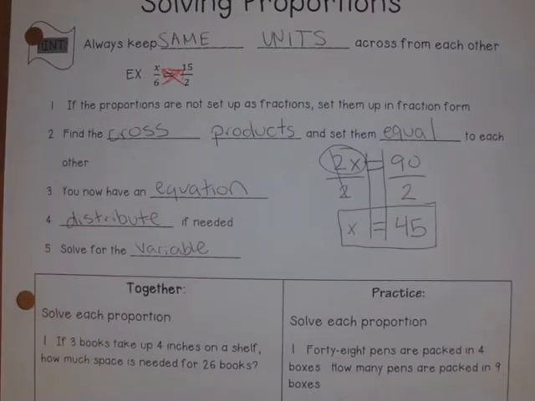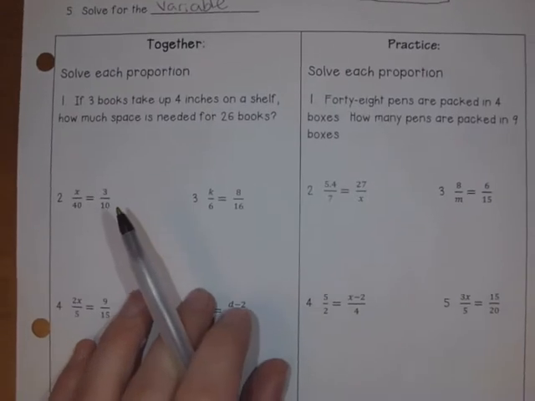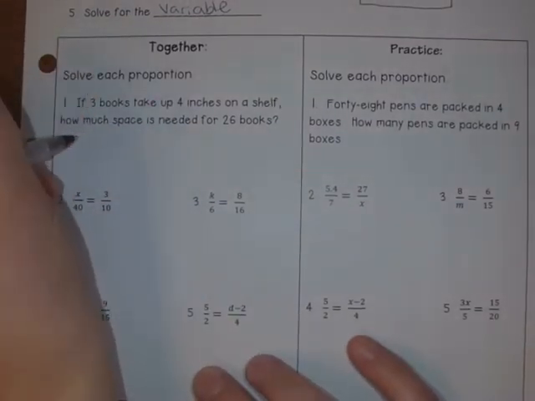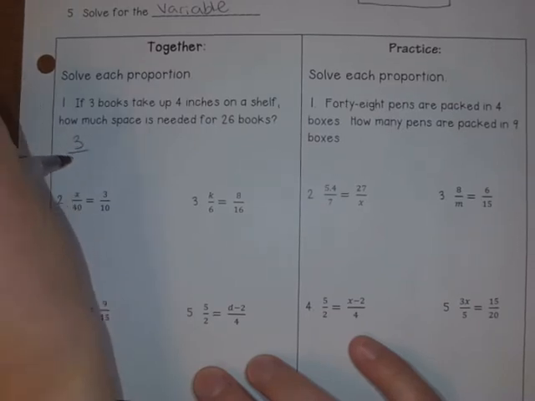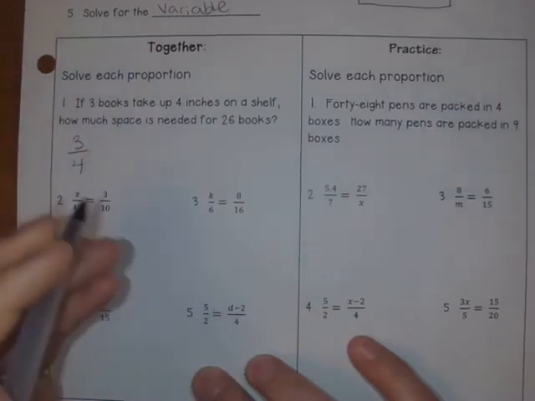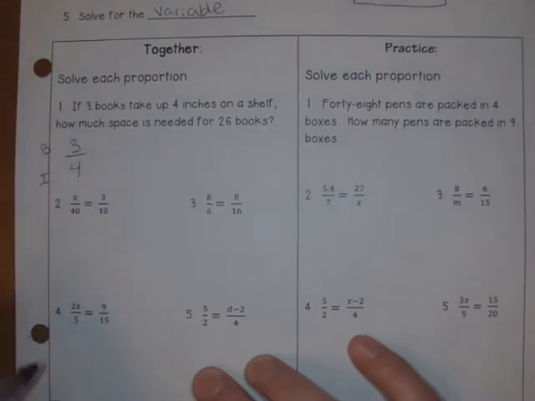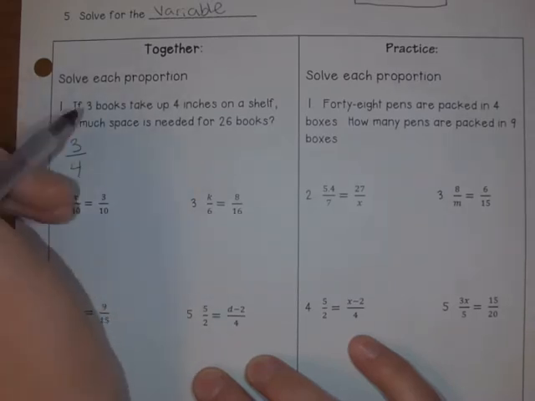So now if you look at our practice problems, we're going to do a few of these together before I send you off on your own. Number 1 is a great example of a problem not being set up yet. If you have 3 books that take up 4 inches on a shelf, I'm going to label books and inches.